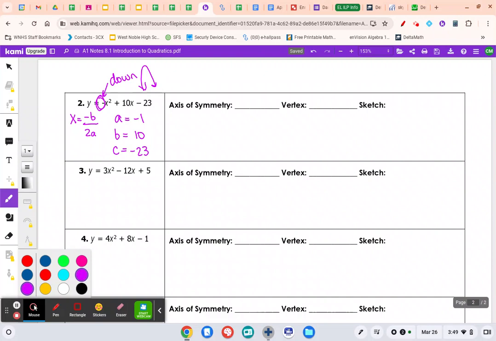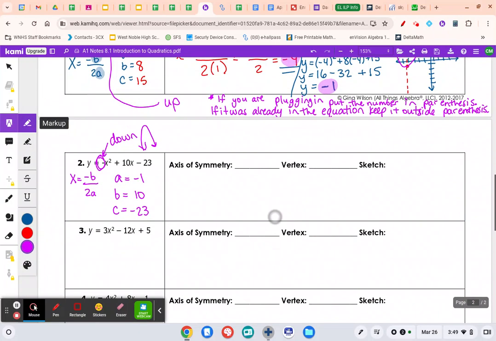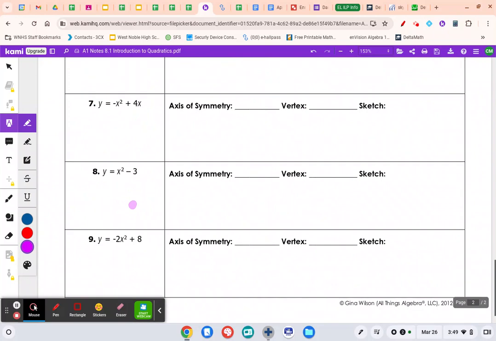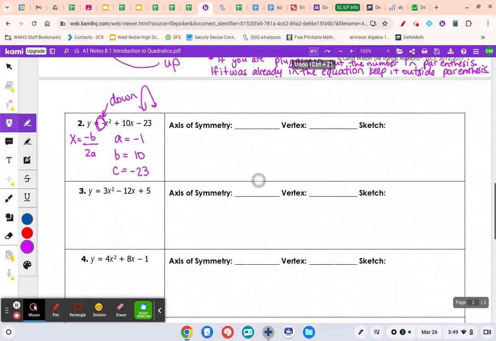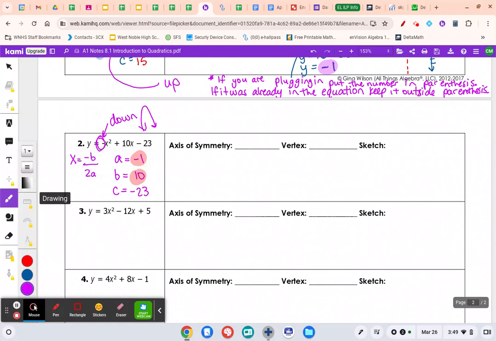Okay, now I'm going to plug in my information. I've already figured out A, B, and C. So A and B are all I'm using right now. Eventually we will use C, but not in these problems. So I'm going to plug in negative 1 and 10 to this formula. You can do the erase and replace method if you want.